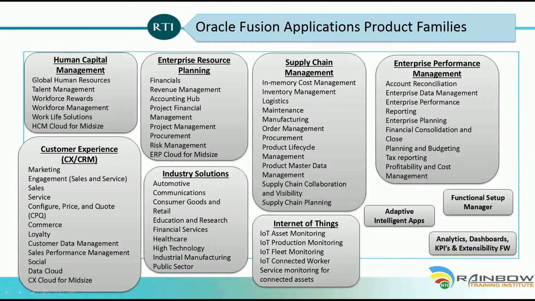Another beauty of it is Oracle Internet of Things. This is getting very powerful in the future. Basically, these applications deliver a world-class set of IoT applications, where we can do asset monitoring or production monitoring. Typically in Internet of Things, they make use of machine learning and artificial intelligence.